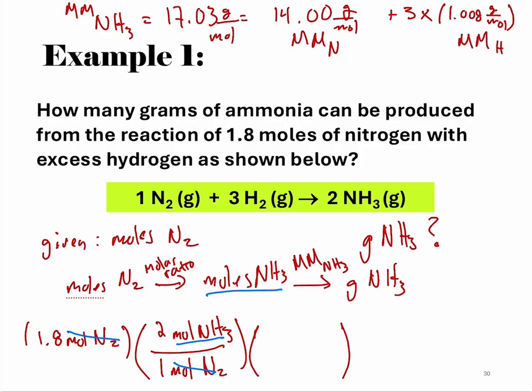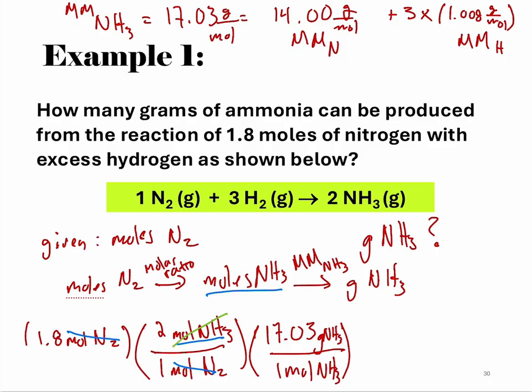So what goes in the numerator here? 17.03 grams ammonia per 1 mole ammonia, right? Because that's our molar mass. We want the moles to cancel out and end in units of grams. That's what we're trying to go to.